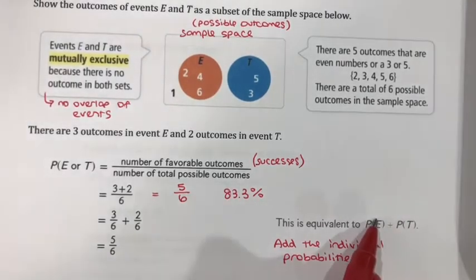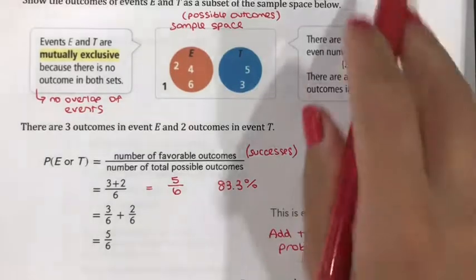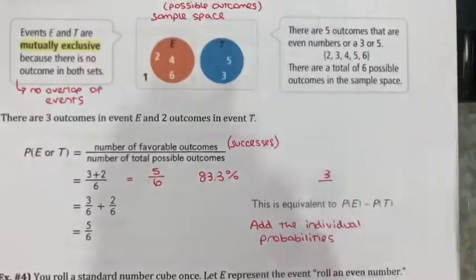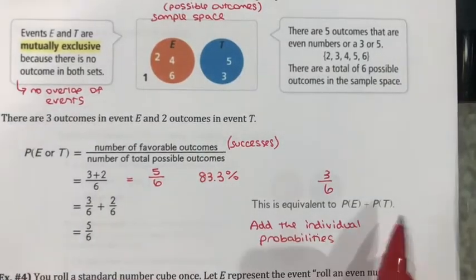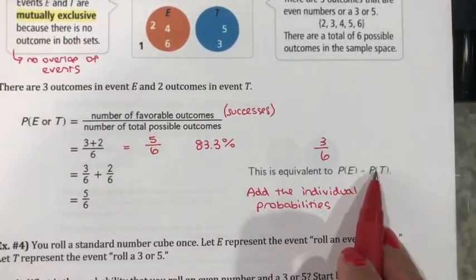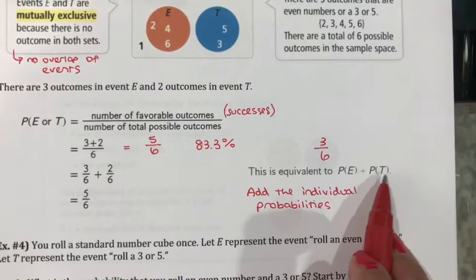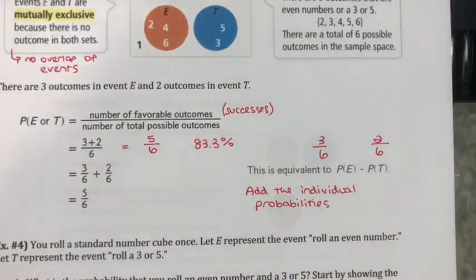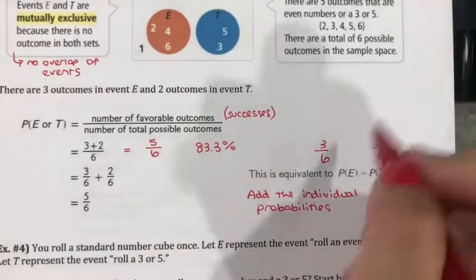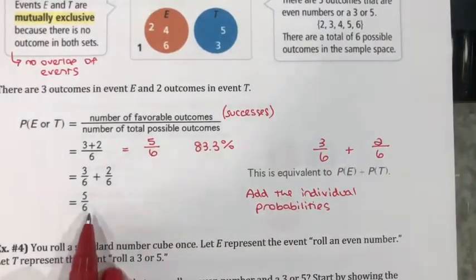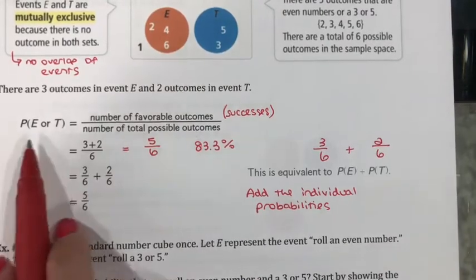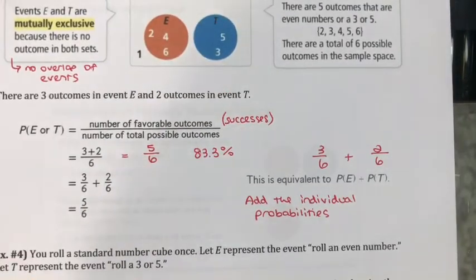So with even numbers, there are 3 even numbers in my list up here, 2, 4, and 6 out of 6 possibilities. Choosing 3 or 5, well, those are just 2 options out of the 6 total. So if I were to add these together, that would give me the probability of rolling an even number or a 3 or a 5.